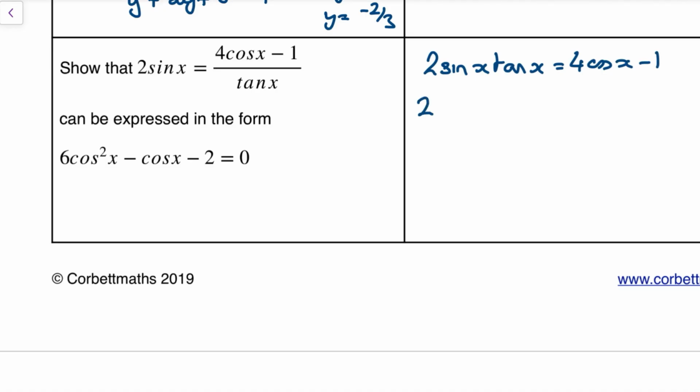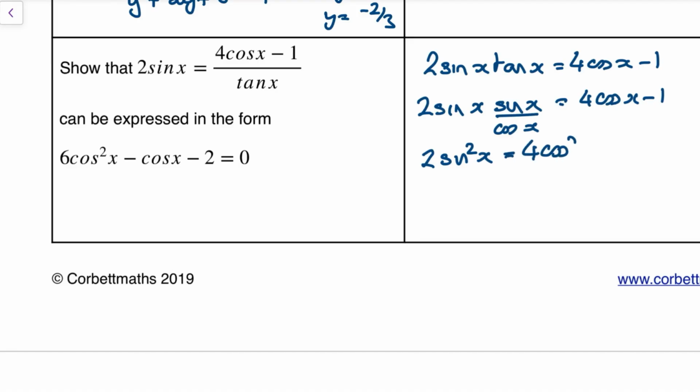Now, because I've only got cosines, it must be the case that I take sin x multiplied by sin x over cos x, by switching tan x for sin x over cos x. And that is equal to 4 cos x minus 1. Okay, I can kind of see how this is working now. So sin times sin is sin squared x, and if I multiply everything by cos x, that moves the cos x to the other side, which gives me 4 cos squared x minus cos x.